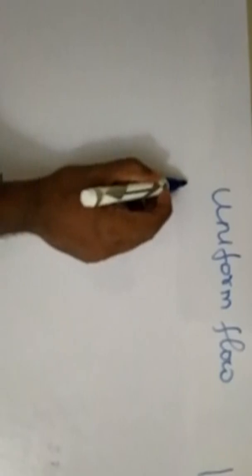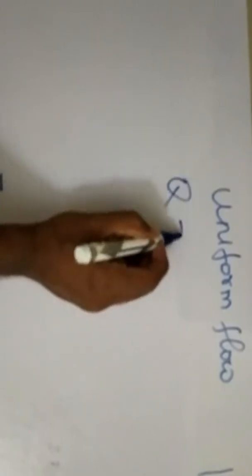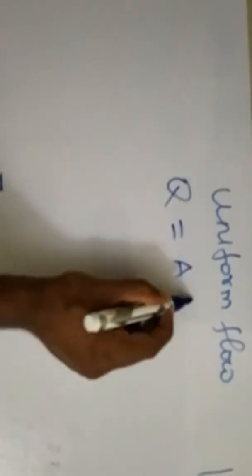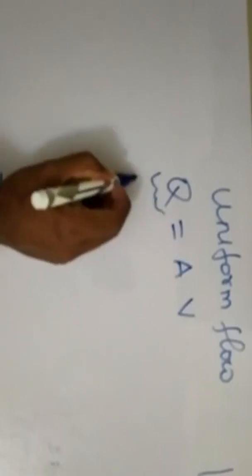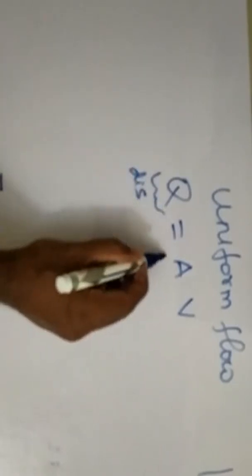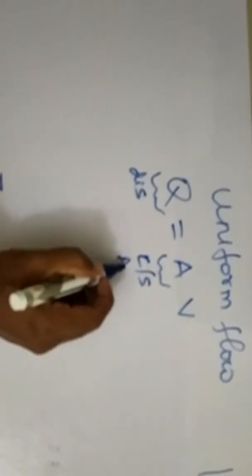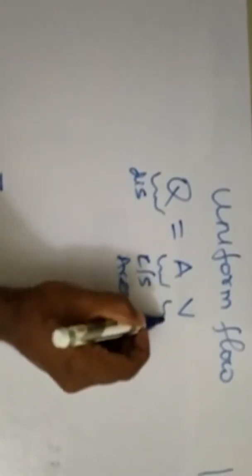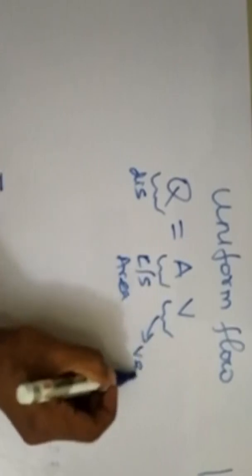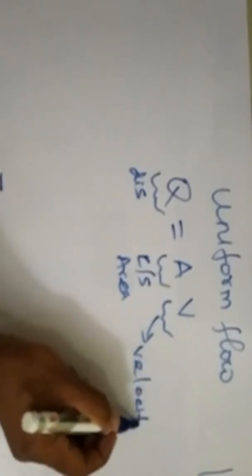Whatever may be the problem in applied hydraulic engineering, we have two formulas. We know Q is equal to AV. Here, Q is nothing but discharge, A is the cross-sectional area, and V is the velocity. We already know this.